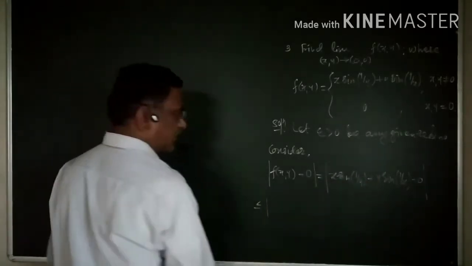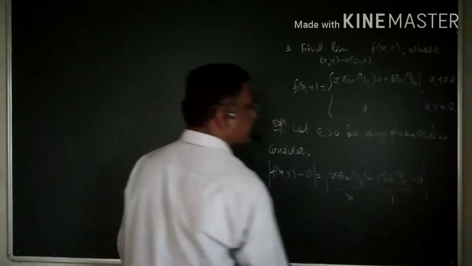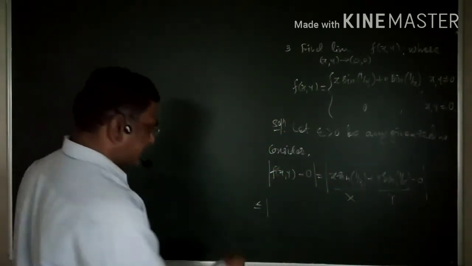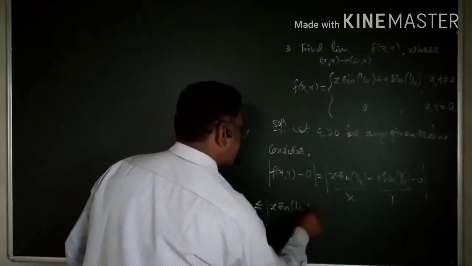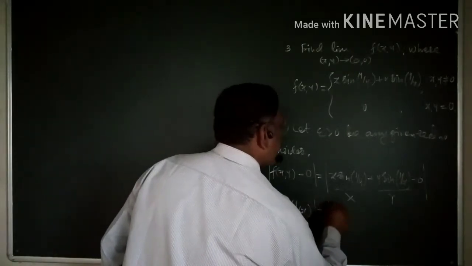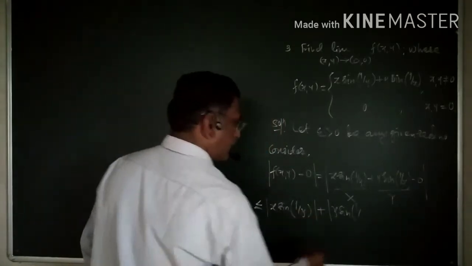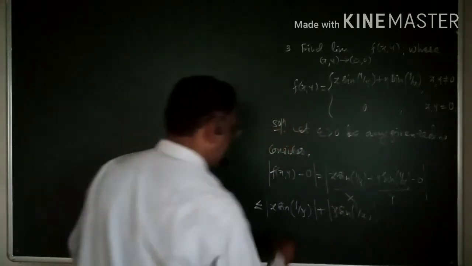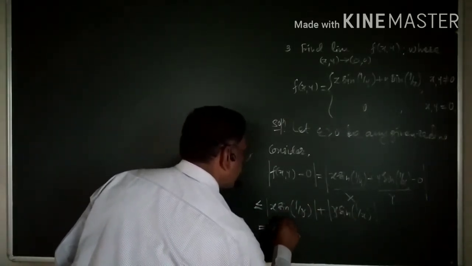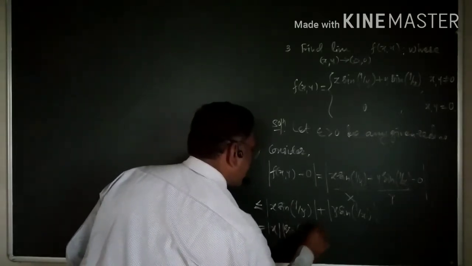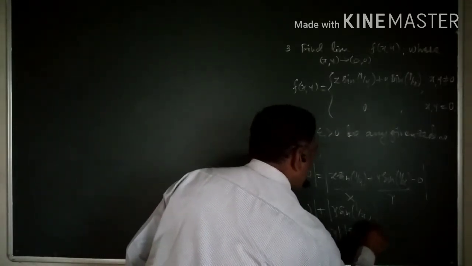Now let me write directly less than or equal to, because say this is our capital X, this is our capital Y, then by using the triangle inequality we can write it as less than or equal to absolute value of x sine 1 over y plus absolute value of y sine 1 over x. Which is equal to absolute value of x into absolute value of sine 1 over y plus absolute value of y into absolute value of sine 1 over x.